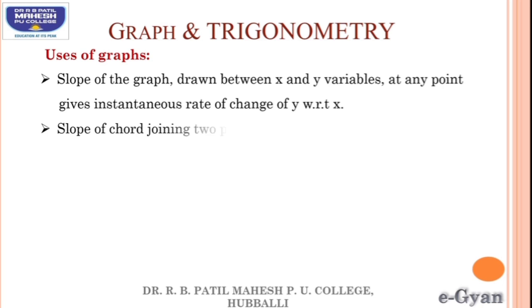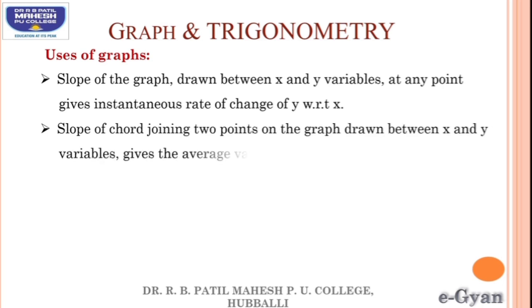Second point, the slope of a chord joining two points on the graph drawn between x and y variables gives the average value of dy by dx between these two points. Again, take the graph between displacement and time.